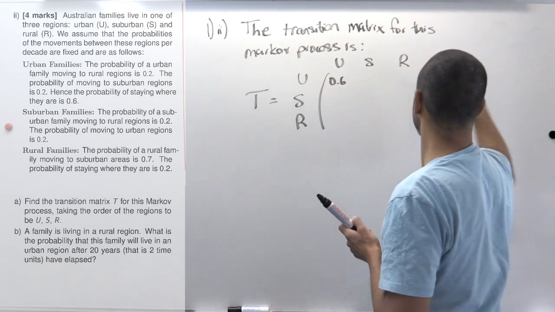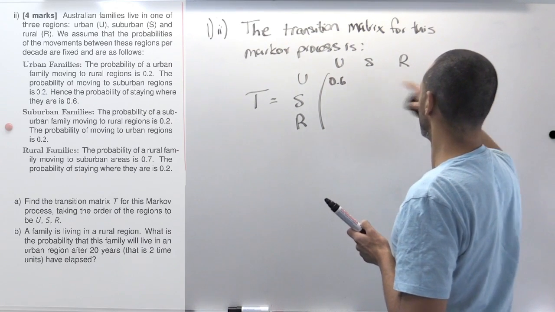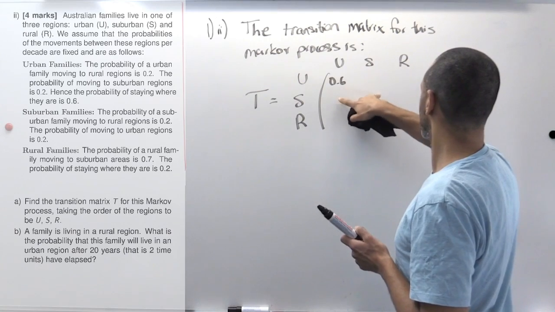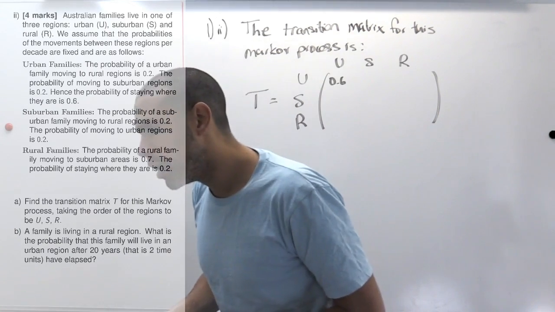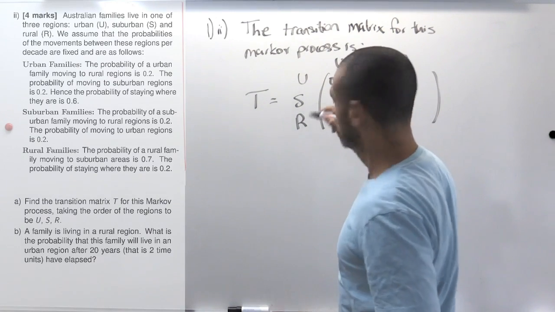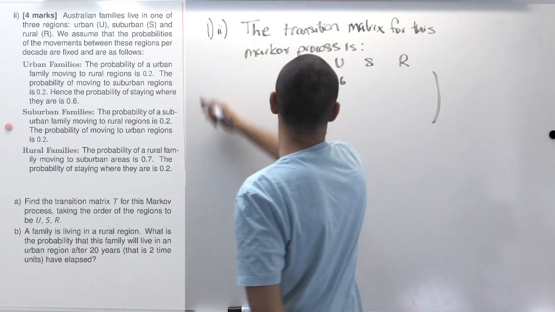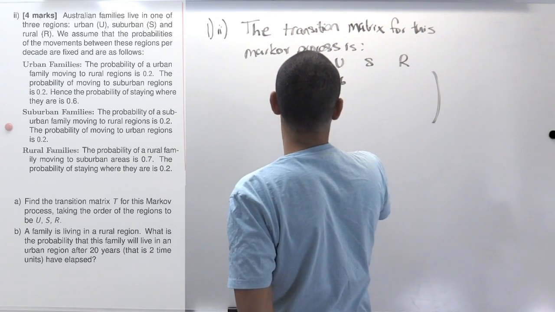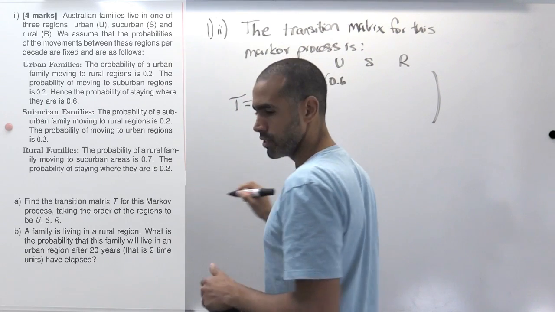So this times this is going to give me the probability of moving from urban. So yes, these ones do. It's not necessary, but it does. At this level, it makes it quite clear. Brilliant. So let's put the to and from labels. I'll put them in colors.